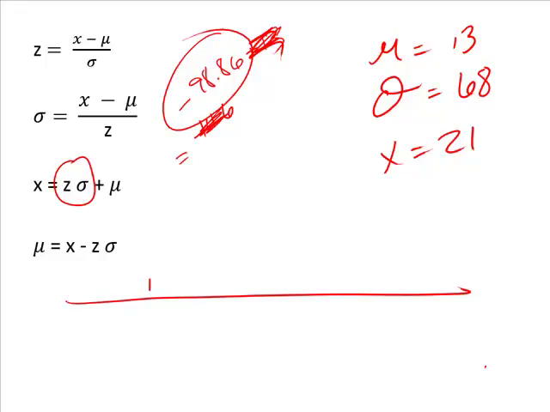Yeah, Aaron? How did I get the negative 1? All right, let's do this one more time. What was my z? Negative 1.645 times 68. No, my question was how did you find out? How did I find it on the chart?